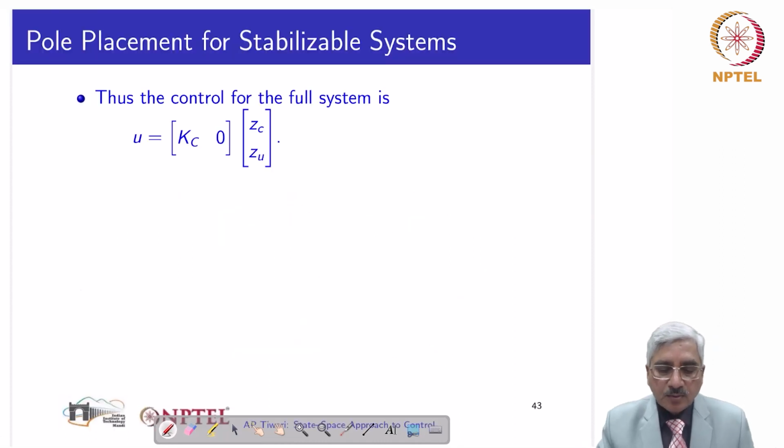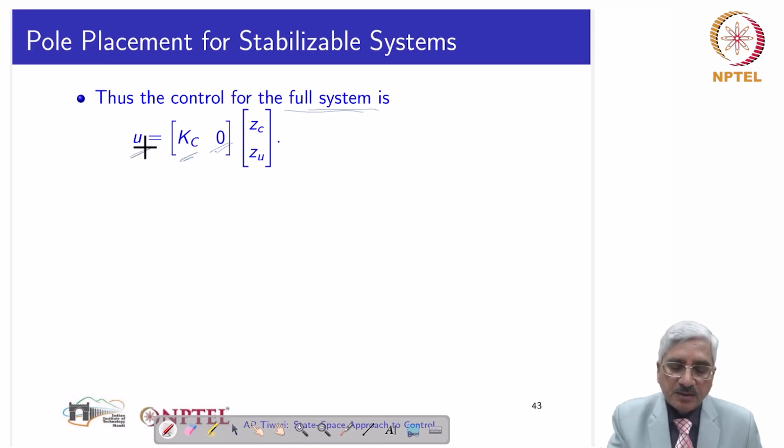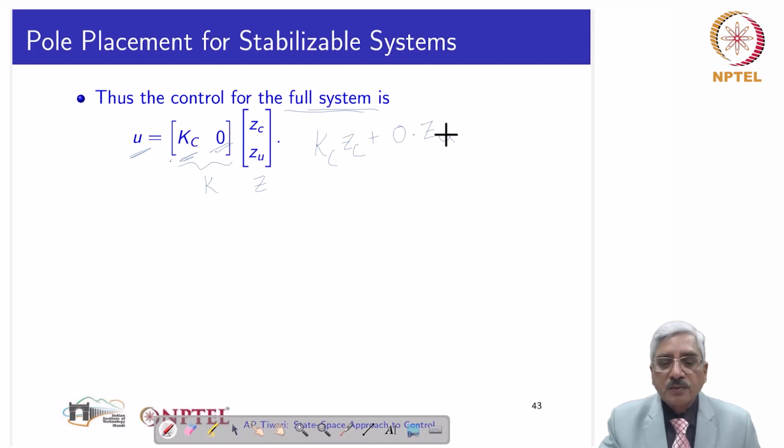And next what we have to do is combine to obtain the control for the full system, which is K_C, the one designed for the controllable subsystem, and 0, which is assumed for the uncontrollable subsystem. And so the input is given by this as the K matrix and this as the Z matrix. This KZ is K_C Z_C plus 0 times Z_U. This is the controller for the full system.